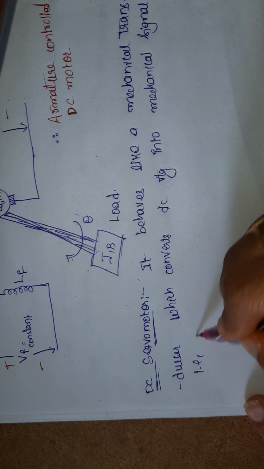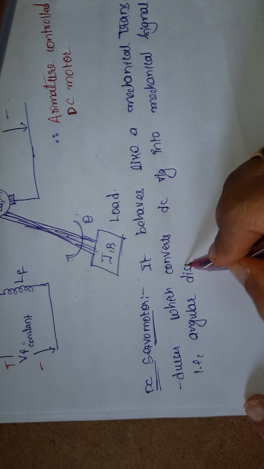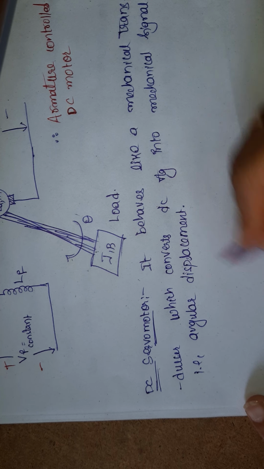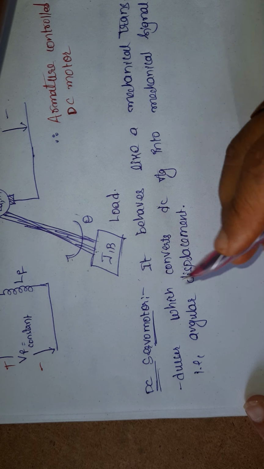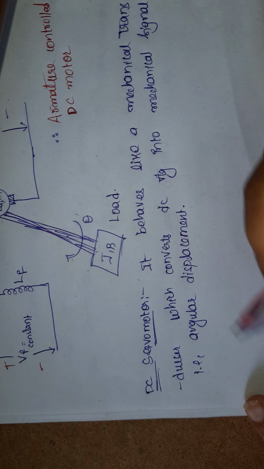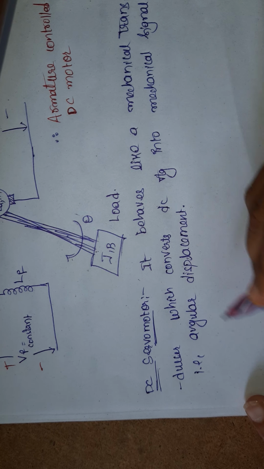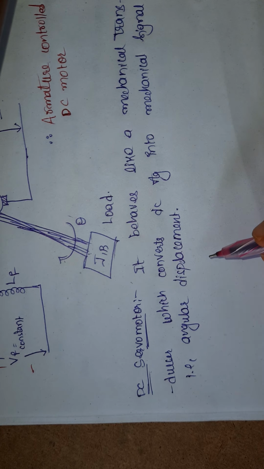It is always angular displacement. Here the motor will always displace in a circular direction, that is angular displacement, not linear displacement. The movement is not a straight line, it is rotating. That's why it is known as angular displacement.